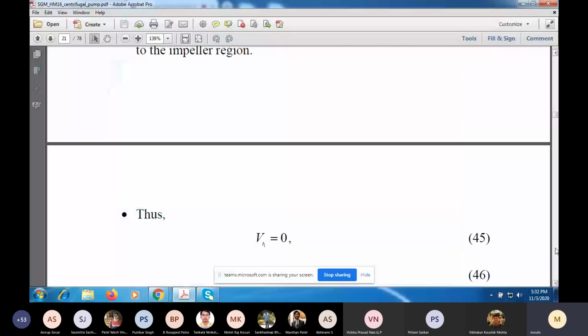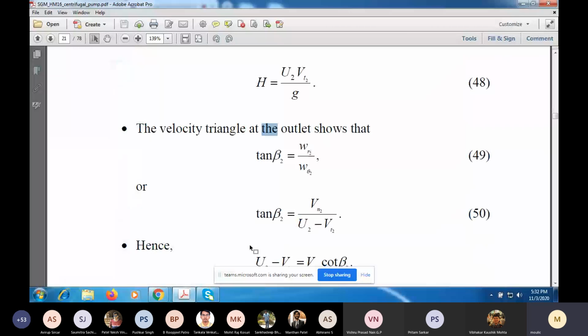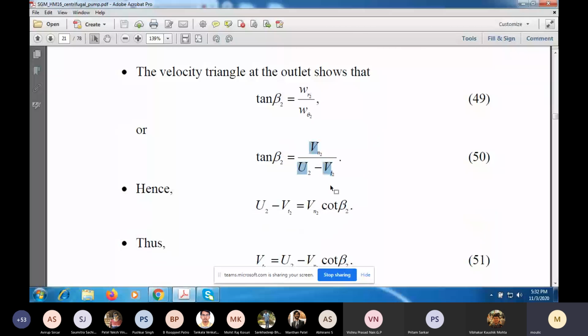So tan of beta 2 is Wr2 by W theta 2, which is Vn2 by U2 minus Vt2. I can use this relation and write this as U2 minus Vt2 by moving the expression in the denominator here to the numerator, and dividing by tan beta 2, which I can write as cot beta 2.